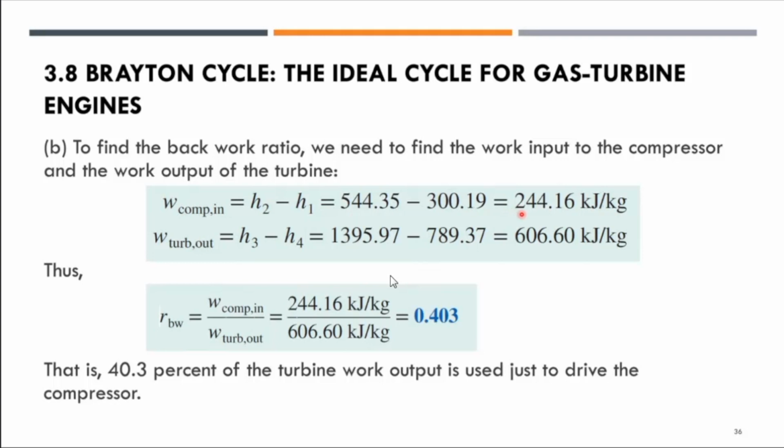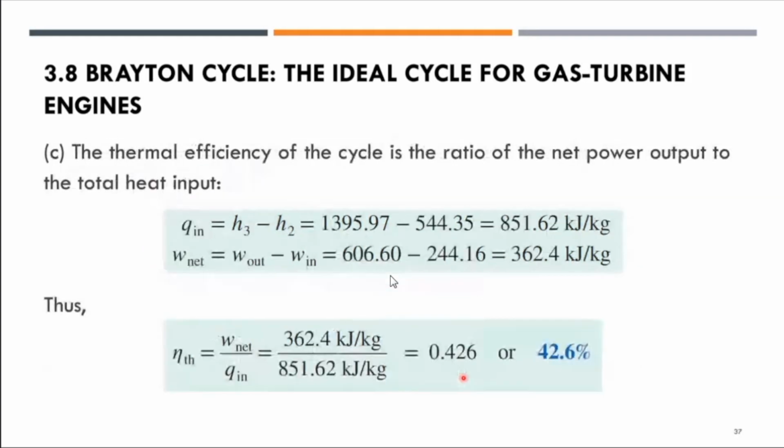You get W compressor in to be 244.16 kilojoules per kilogram, and work output of the turbine to be 606.60 kilojoules per kilogram. Putting the numbers in, you get the back work ratio r_bw to be 0.403. Basically, 40.3% of the turbine work output is used just to drive the compressor.